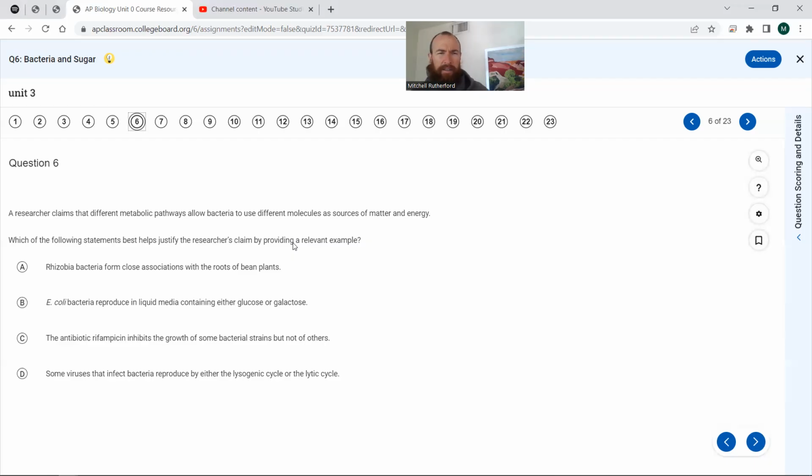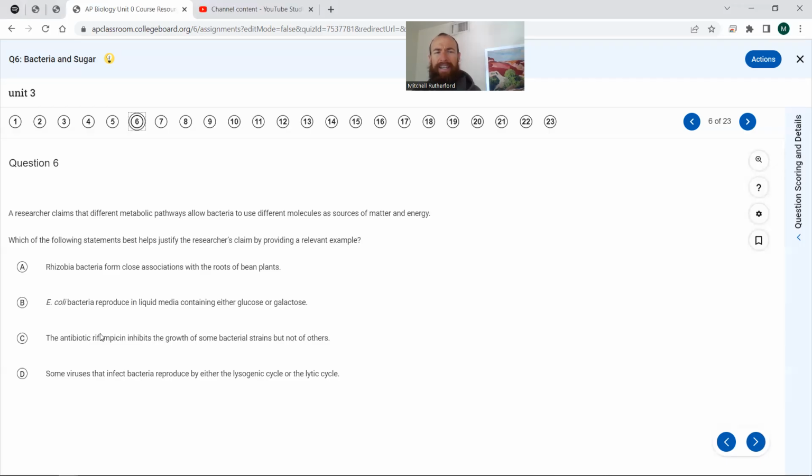Not a comparison of different molecules, different bacteria, but D, some viruses that infect bacteria reproduce by either the lysogenic or lytic cycle. Well, D is dead wrong. That has nothing to do with bacteria making energy. That's a virus. So now this is a cool example of, I go through them and nothing sounds right to begin with. I know that D is trash. Okay.